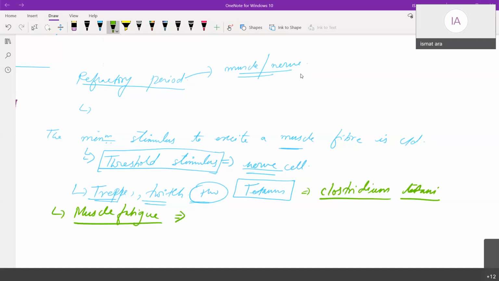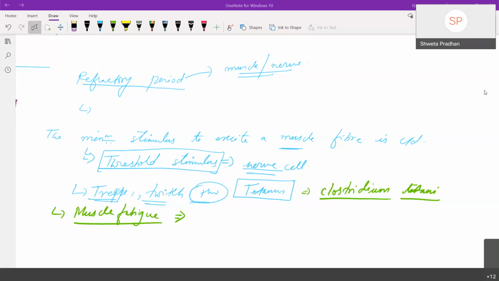Any one of you? Ma'am, deposition of lactic acid in the muscles. So what will happen if deposition takes place, when enough oxygen is not reaching the muscles?